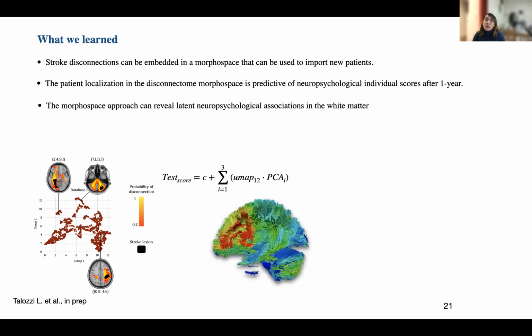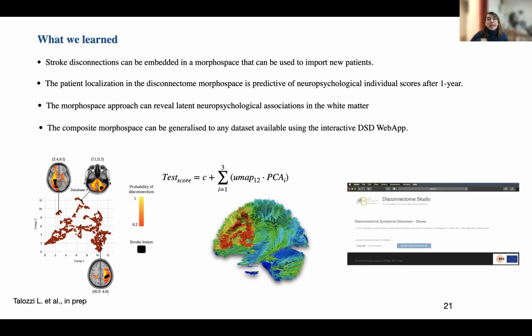We then translate these to a white matter atlas of this neuropsychological score latent prediction in the disconnectome morphospace. And then we translate this model into a web application for an easy deployment and transferability of this model.